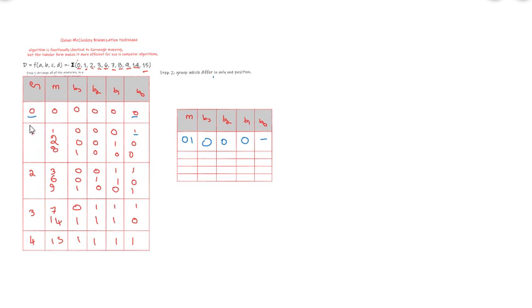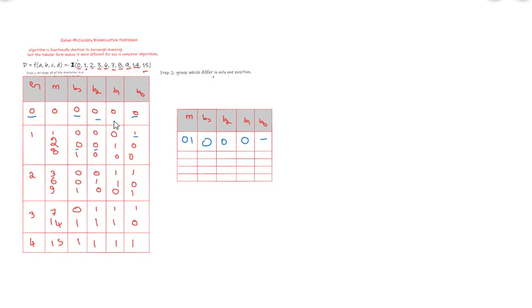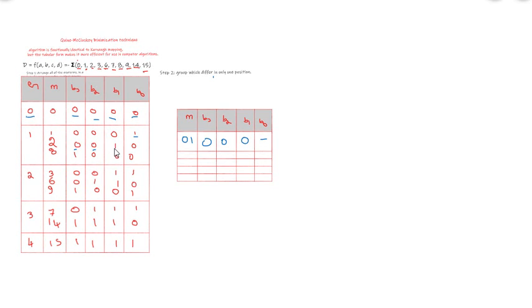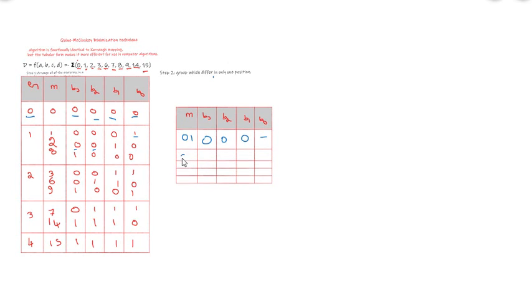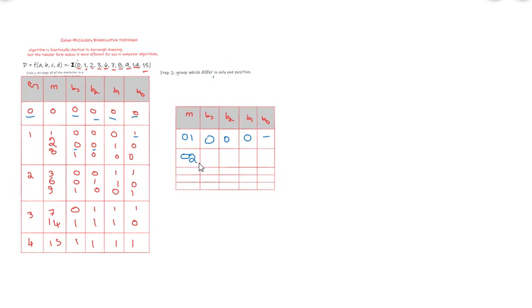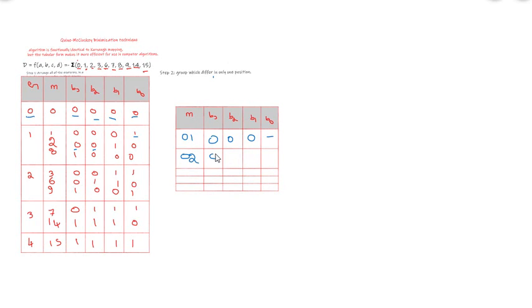In the same way we compare with the next term, 0 and 2. The first two bits are 0, equal to 0, and the third bit B1 changes, and the other terms remain the same. So we go with the 0 2 combination. In 0 2, the first two bits are 0 0, B1 differs, and B0 is also 0.